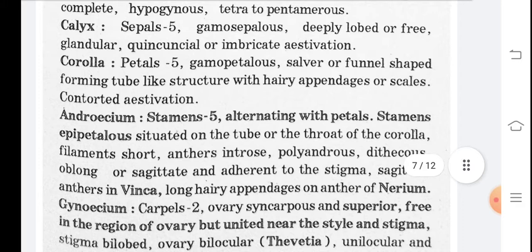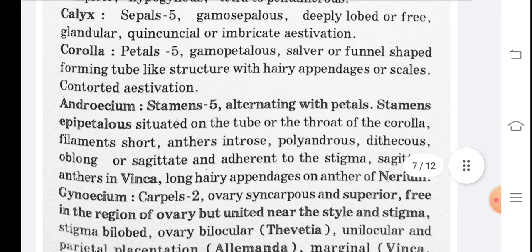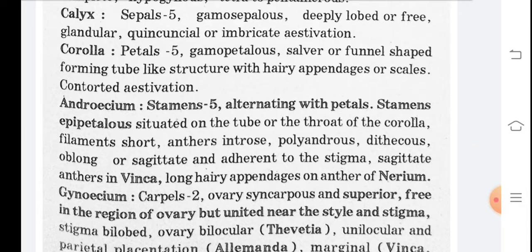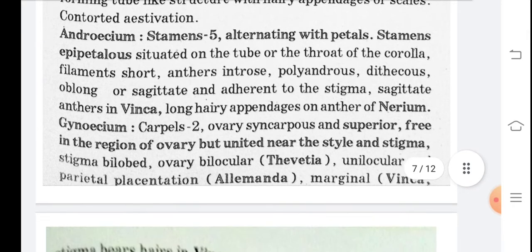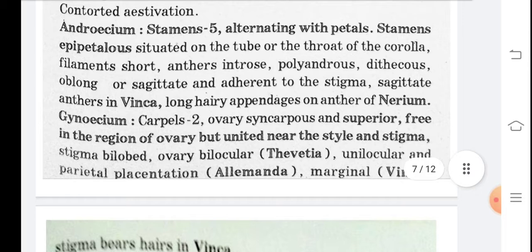About stamens, they are 5 alternating to petals, attached to petals, epipetalous, and the filament is short, introrse, that is inside the floral petals, polyandrous stamens, and anther is dithecous, and gynoecium 2 carpels, bicarpellary syncarpous. Then the style is short and the stigma is dumbbell shaped, right?